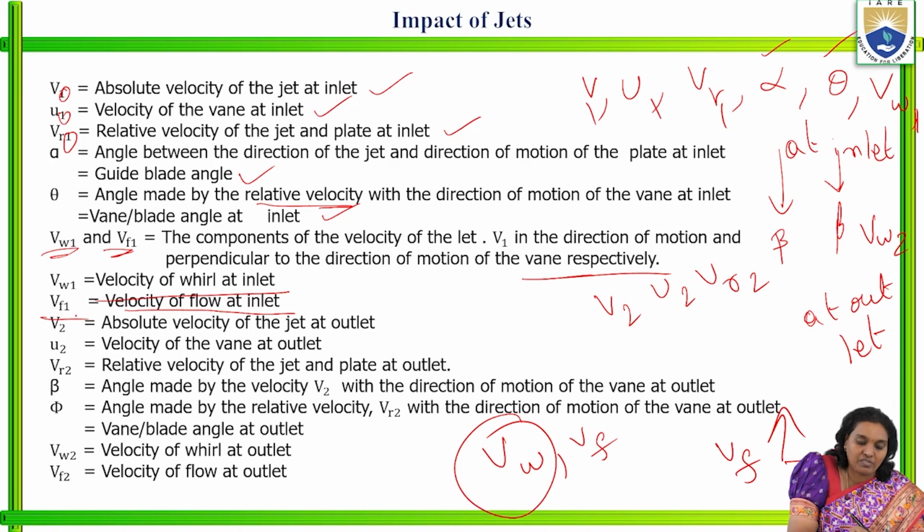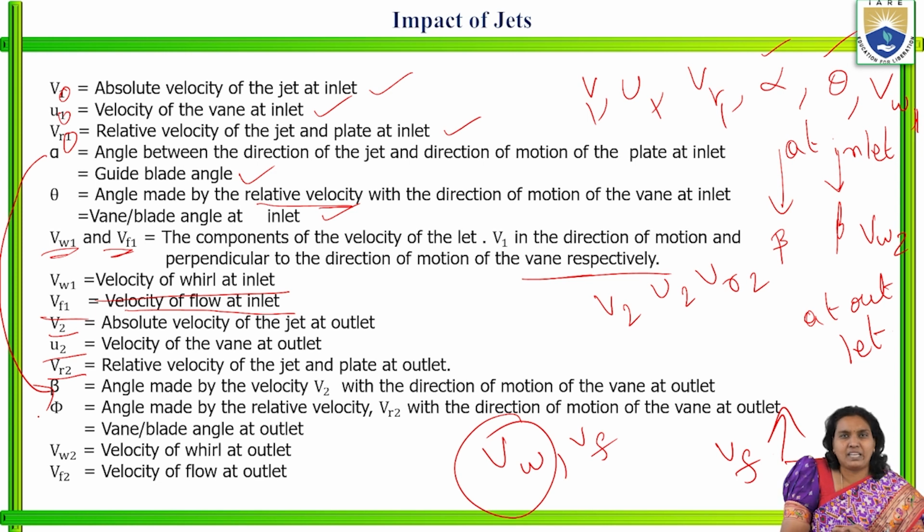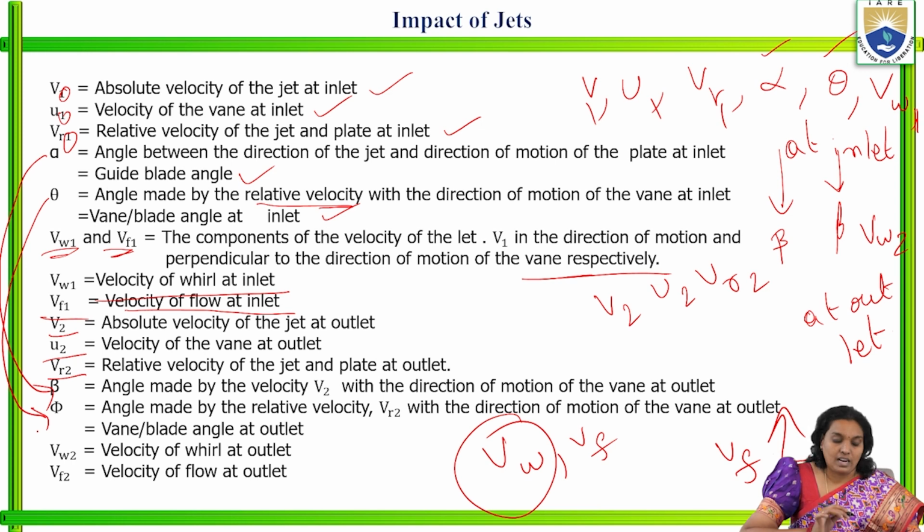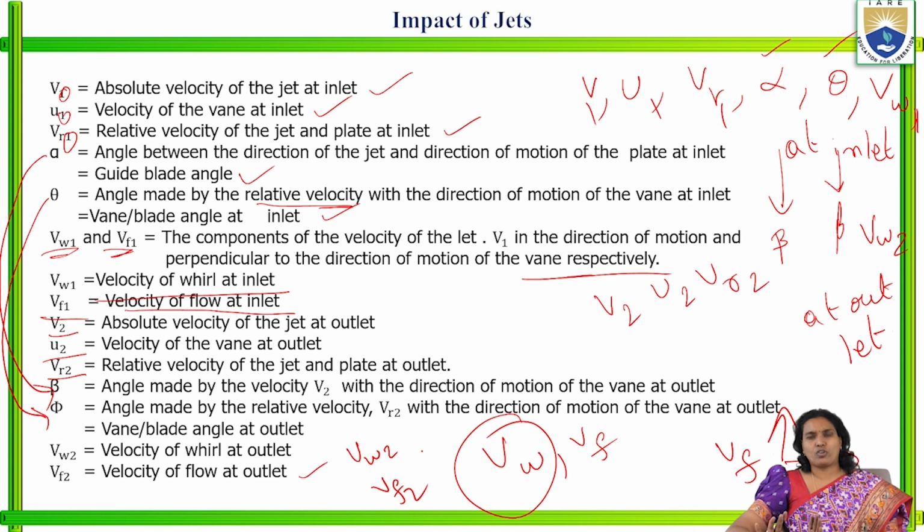That is the difference between them: V2, U2, VR2. Alpha at inlet, beta at outlet, theta at inlet, phi at outlet. The velocity of whirl at outlet and the velocity of flow at outlet are VW2 and VF2. These are the components which we are going to understand.